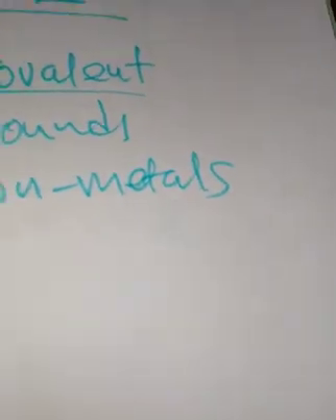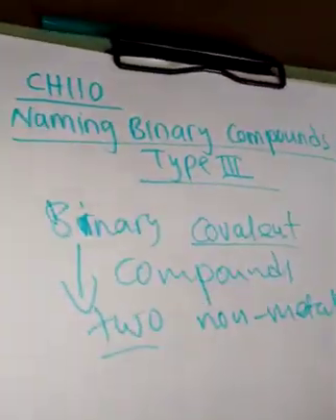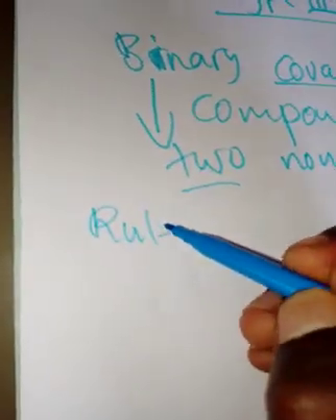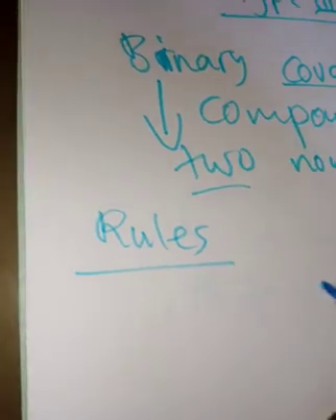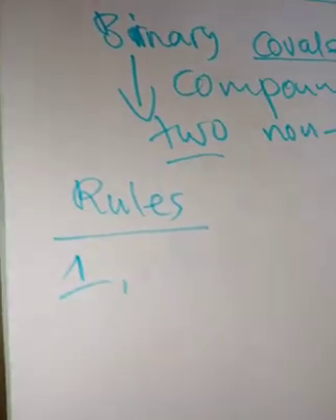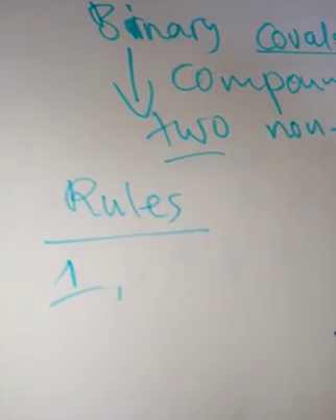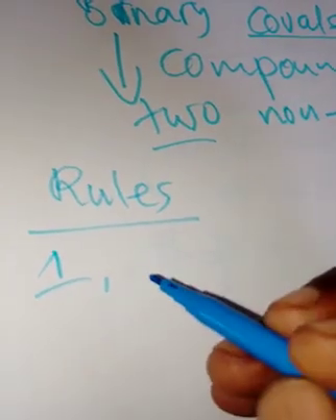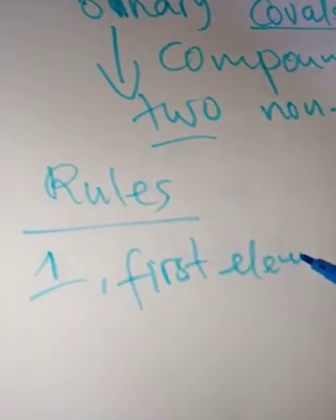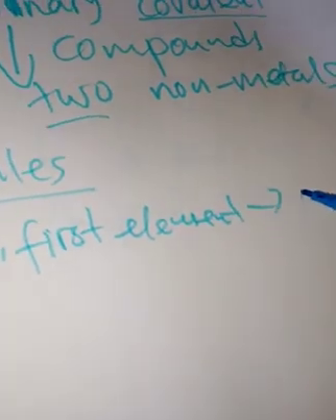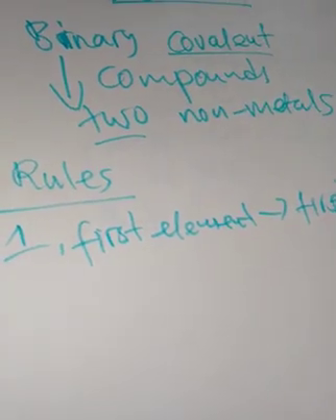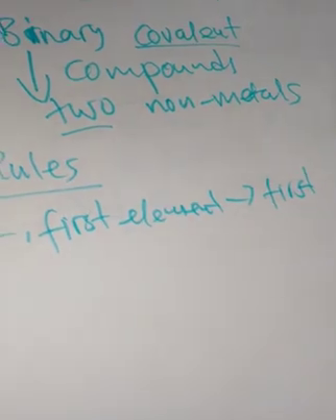Okay, so let's look at the rules that should be followed. Rule number 1: the first element in the formula is named first, using the full name of the element.